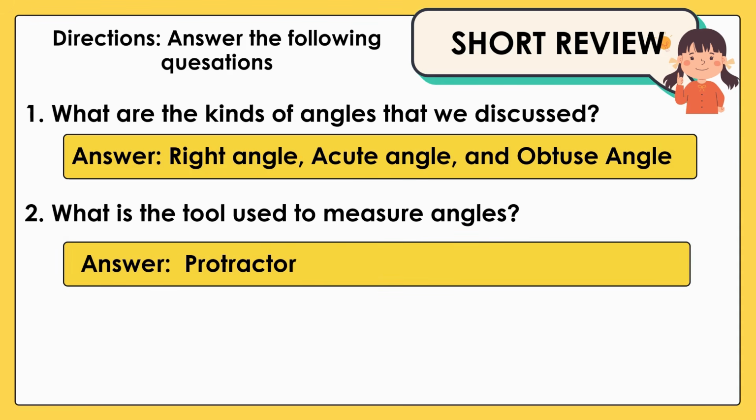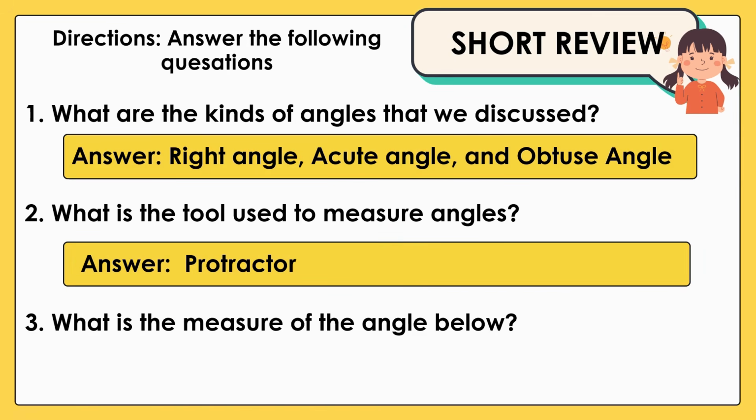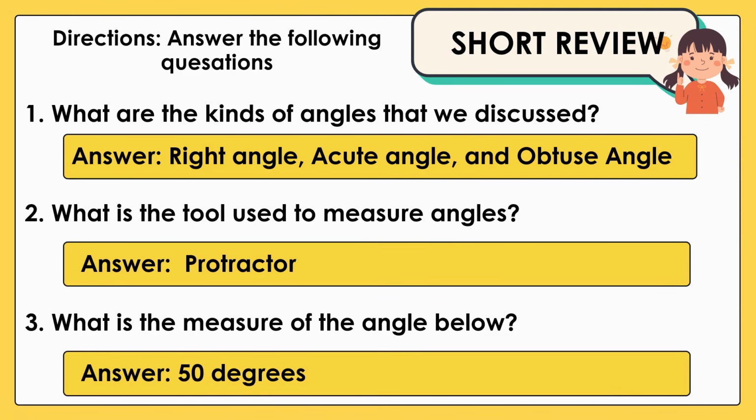The answer, protractor. Number 3, what is the measure of the angle below? The answer, 50 degrees.